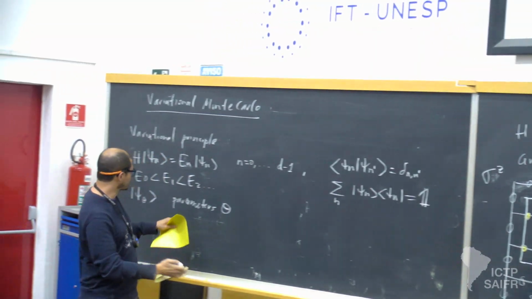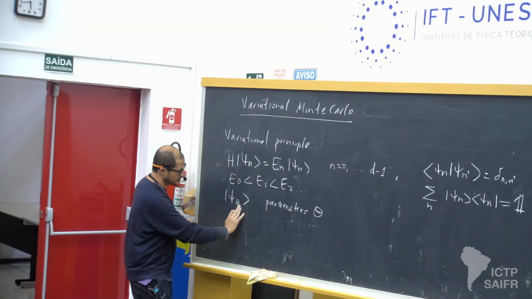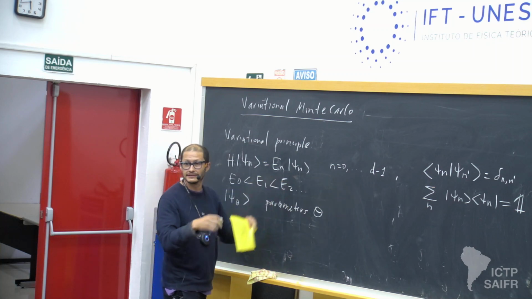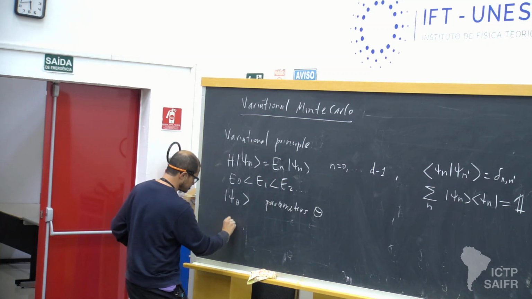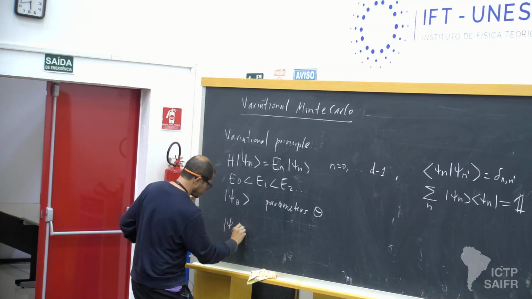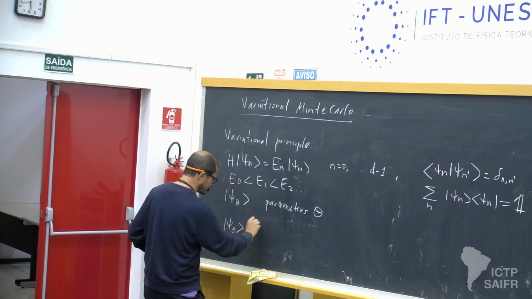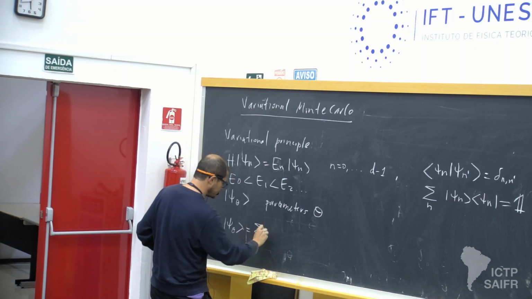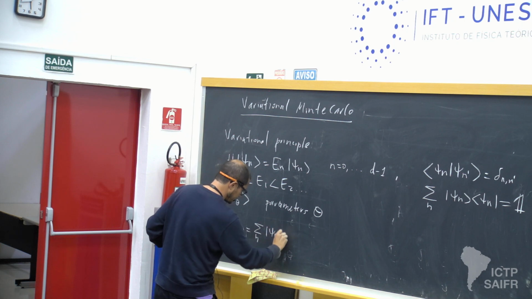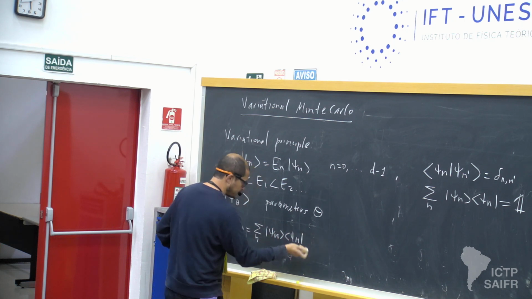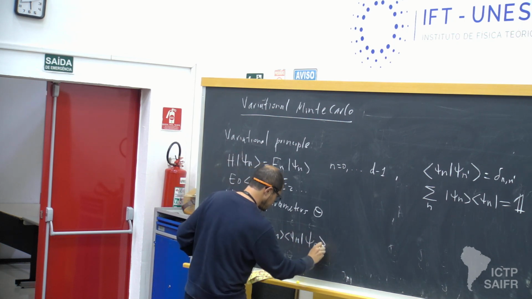So what we can do is expand, or write down, this wave function in that basis. Basically, you take this completeness relation and multiply the wave function.